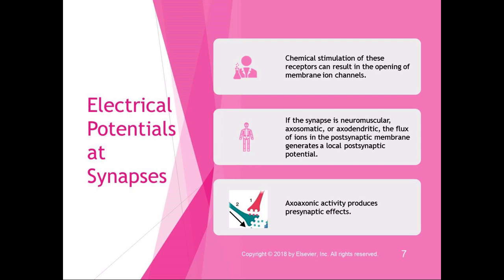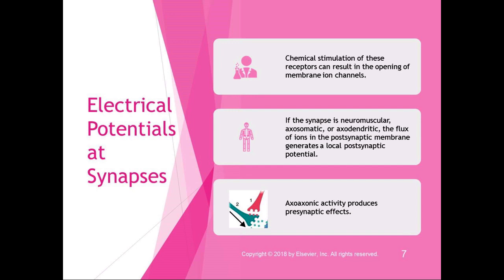An axon can also synapse with an axon of another neuron, and that produces presynaptic effects. So it might determine whether or not that neuron is going to release neurotransmitter. So it could hyperpolarize the neuron and have an inhibitory effect. So when we talked about gating pain management, this is actually kind of what's happening with gating.